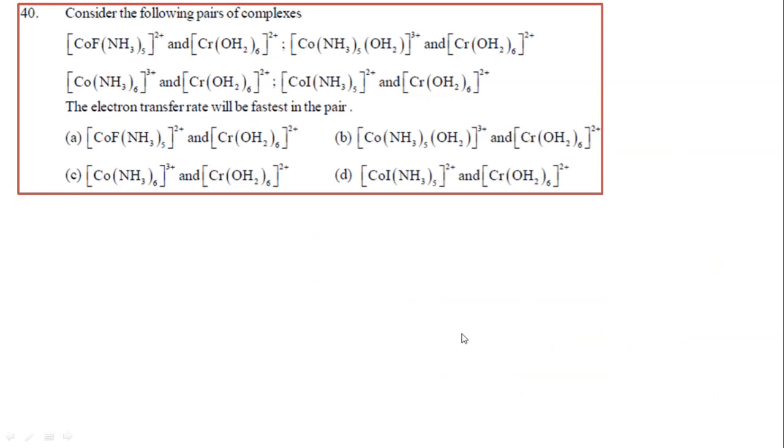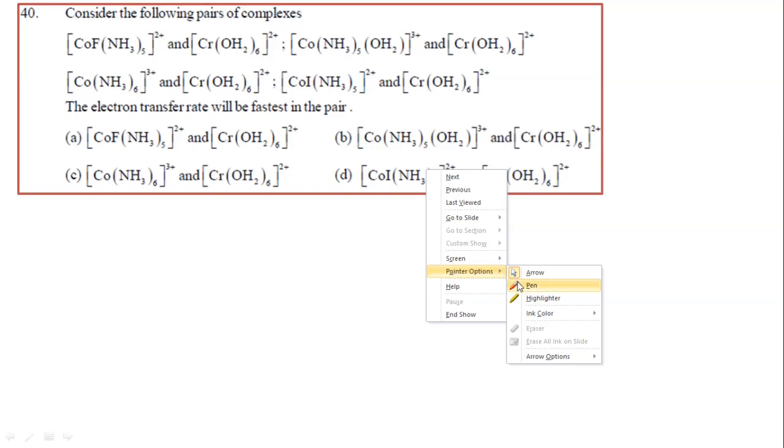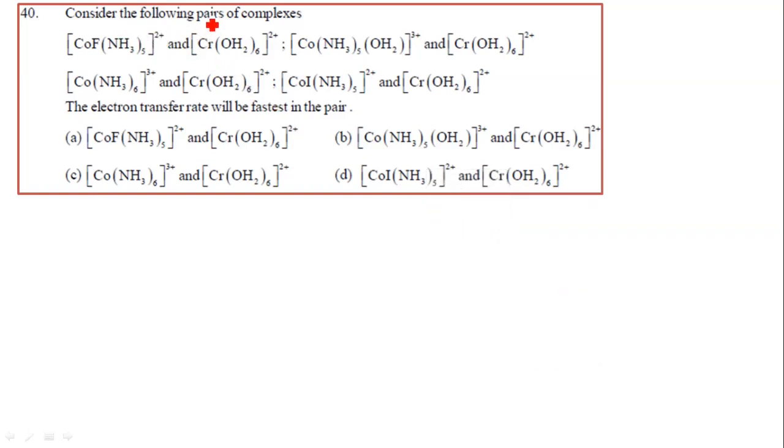Next question. Consider the following pairs of the complexes: Co(F)(NH3)5 2 plus, Cr(OH2)6 2 plus. These pairs of compounds were given. There are 1, 2, 3, 4, 4 pairs of compounds given.